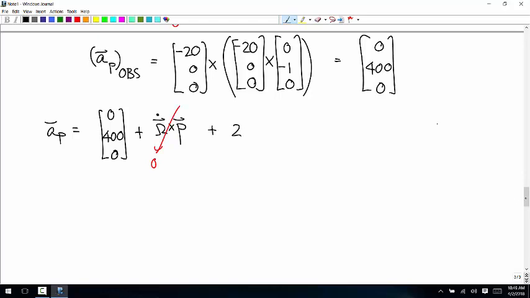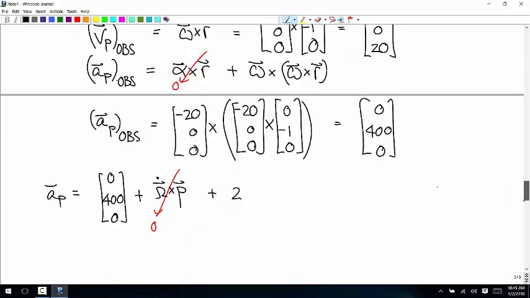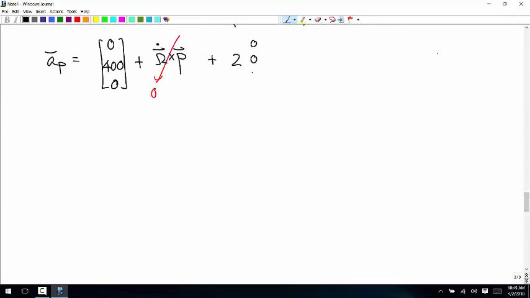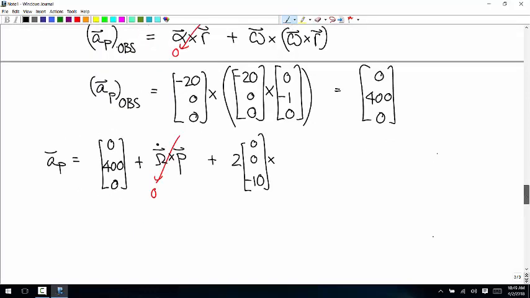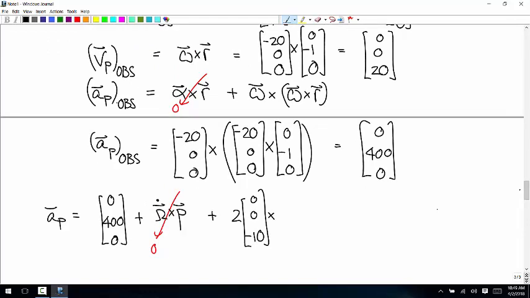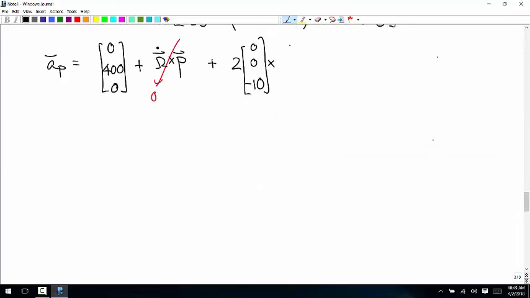Plus 2 times capital omega, 0, 0, -10, crossed with the observed velocity vector, which is 0, 0, positive 20. Yep, again, but it doesn't always.